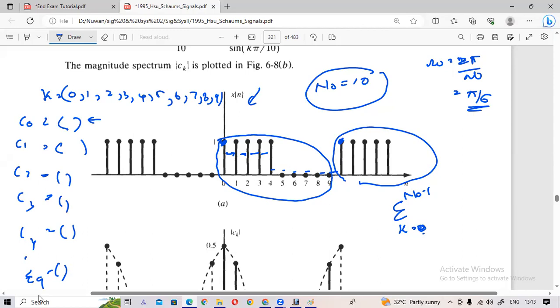To find the magnitude, if you have a complex number like a plus ib, the magnitude of this one will be the square root of a squared plus b squared, okay. So using this identity, you can find the magnitude and you can find the phase. Then if you need, you can find the phase plot or magnitude plot, okay. So the same procedure is there. There is nothing special, okay.